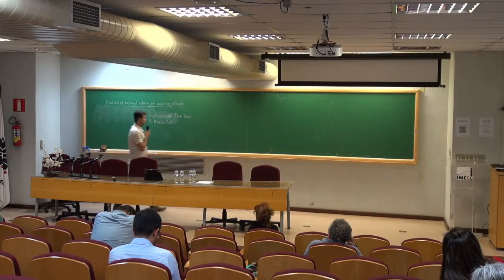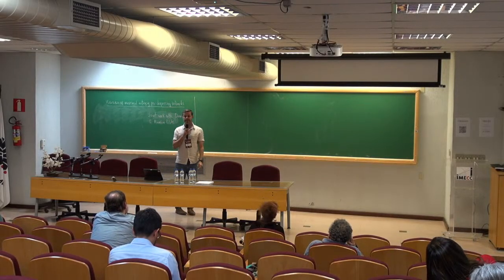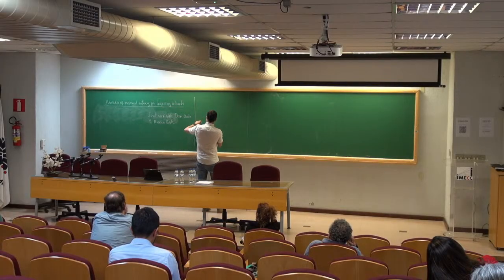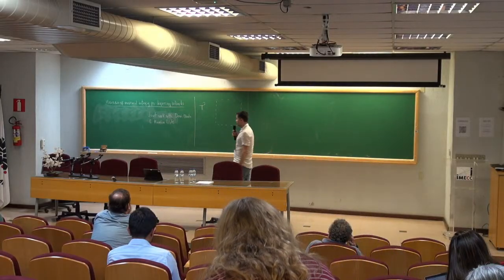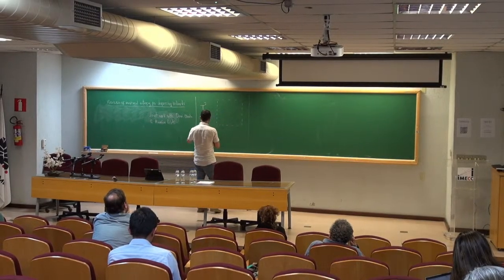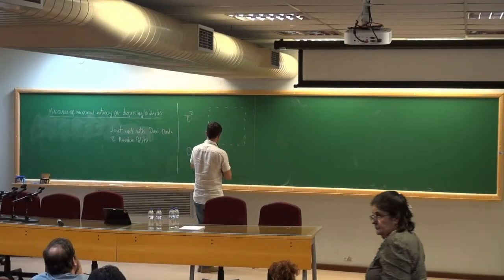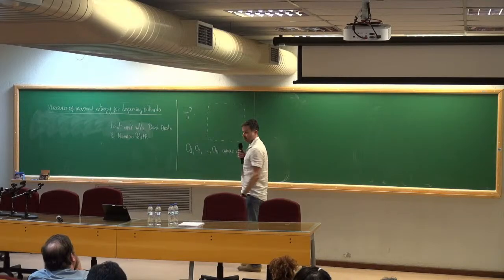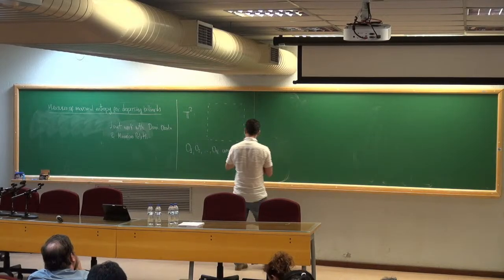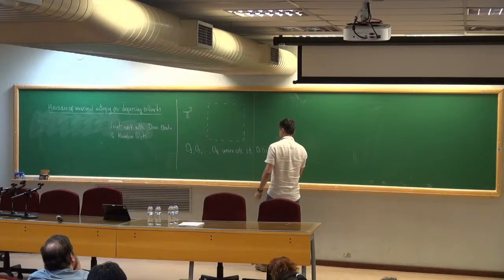So let me start with the beginning, which is to say what a dispersing billiard is. I'm going to consider the two-torus, which we all know, with the proper identifications, and inside the two-torus I'm going to consider a finite number of convex sets, pairwise disjoint, such that O_i intersection O_j is empty.